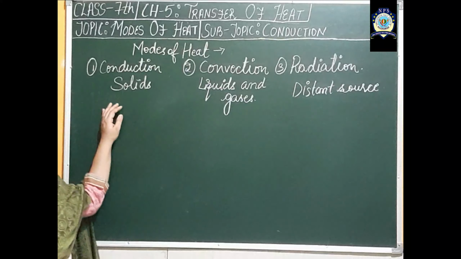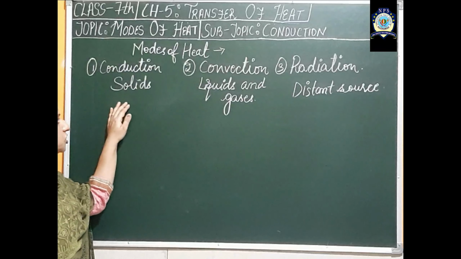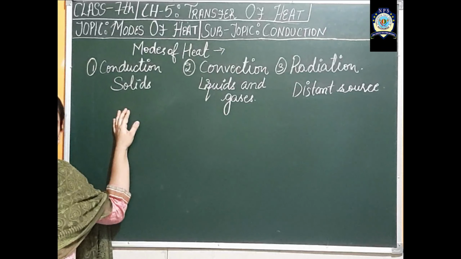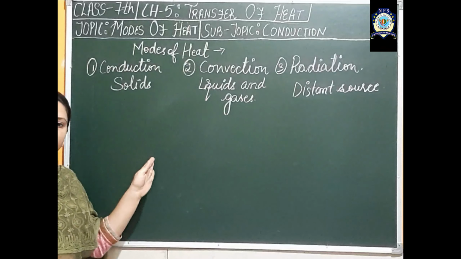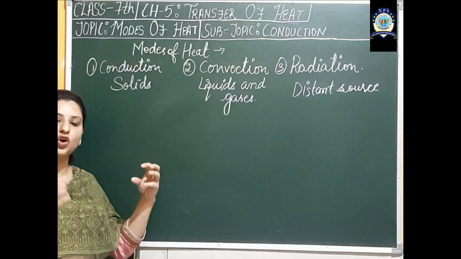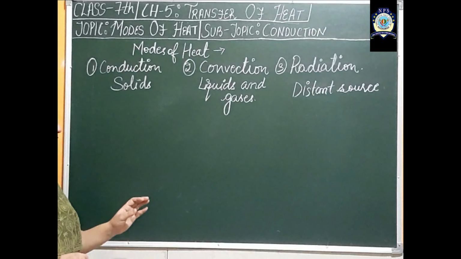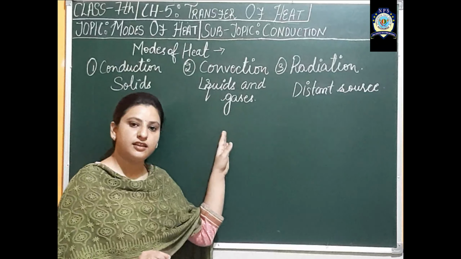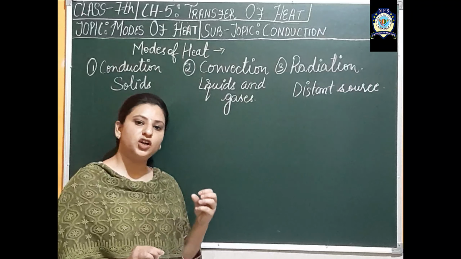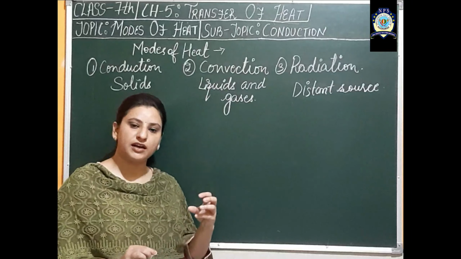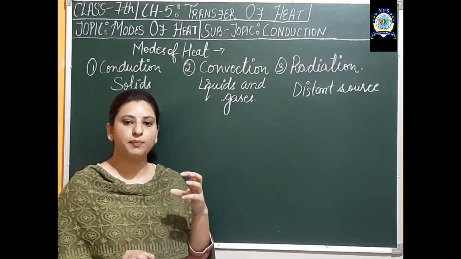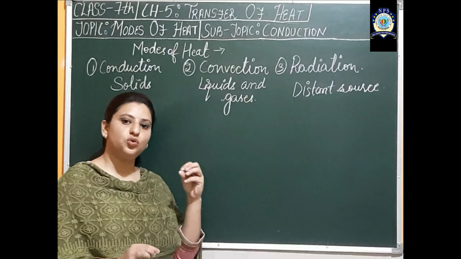If I talk about conduction, then conduction means the transfer of heat between solids, that is from one particle to another, which are in very close contact with each other. If I talk about convection, then the movement of heat takes place from one particle to another by the movement of the particles from one place to another.